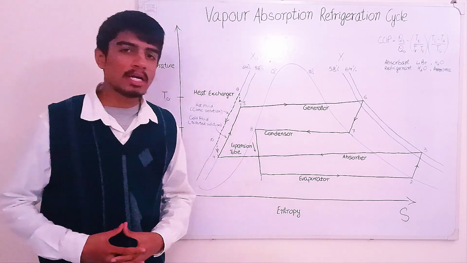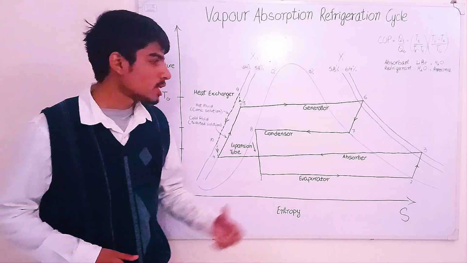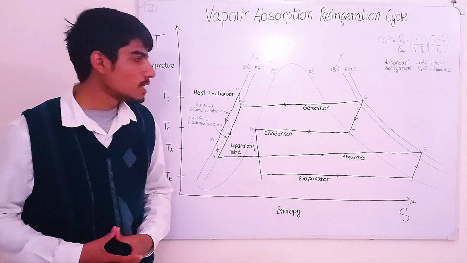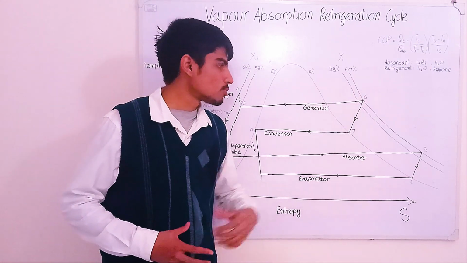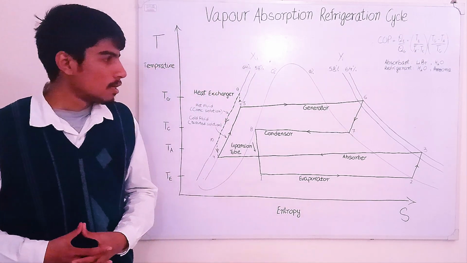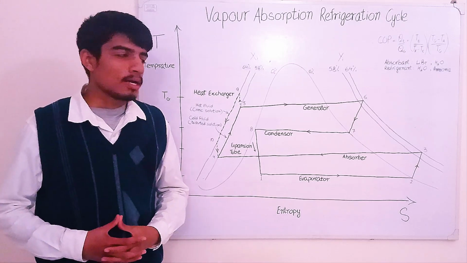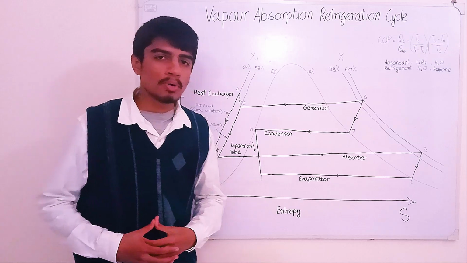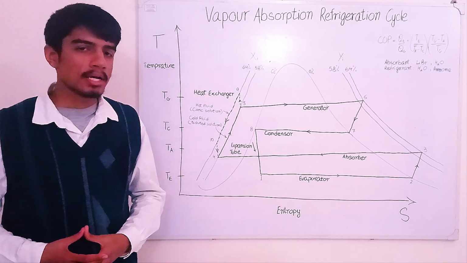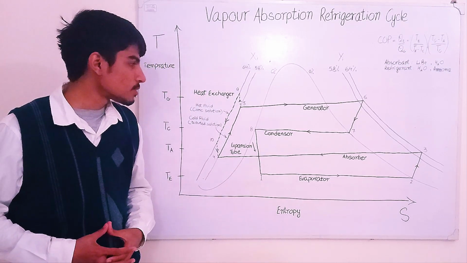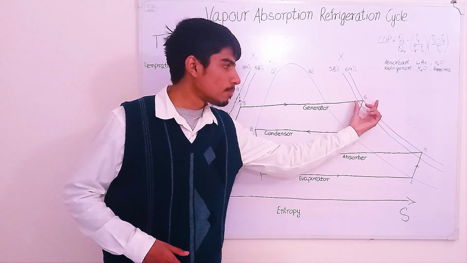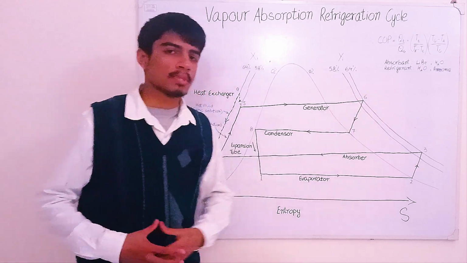As a result of heat exchange, the weak solution absorbs the heat of the heating source, due to which it gets converted into a strong solution. In addition to that, the refrigerant gets separated from the solution due to its lower boiling point, and it changes its phase from subcooled liquid state to superheated vapor state at the outlet.